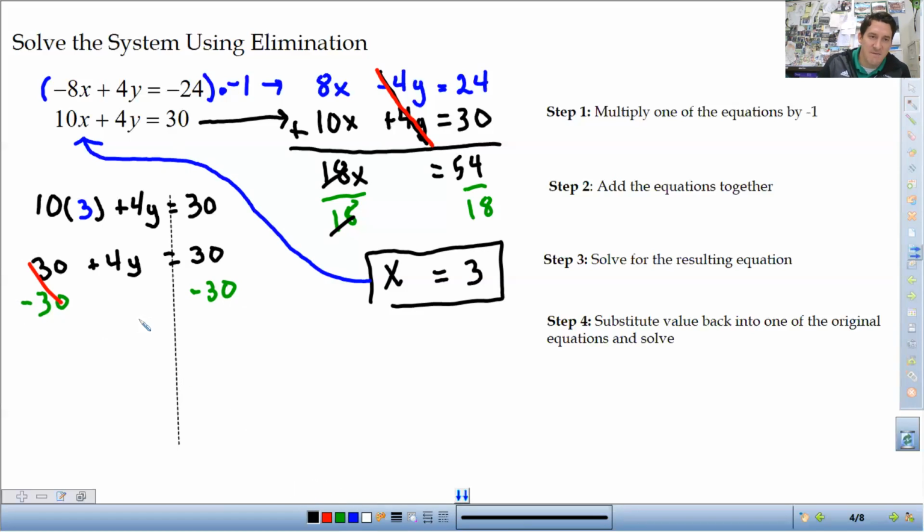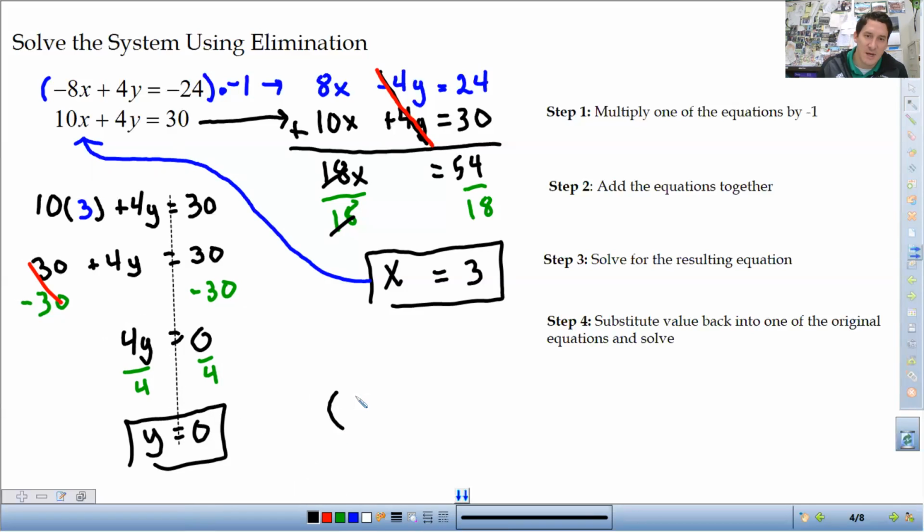And I just have 4y is equal to 30 minus 30, which is 0. I'm going to put 0 on this side. And now you divide, you get y is equal to 0. Last thing, make sure you write it as an ordered pair. So it's going to be x is 3, y is 0.